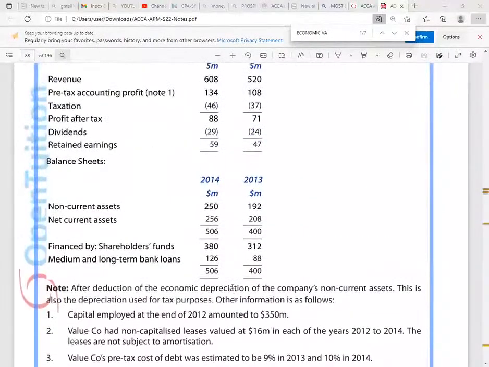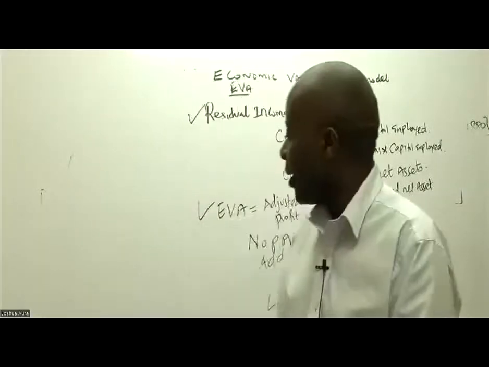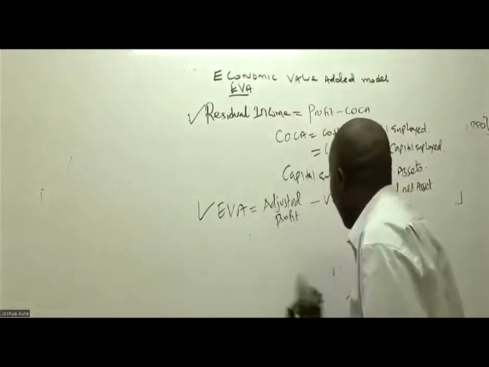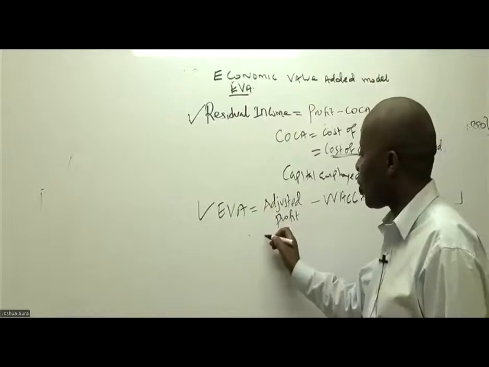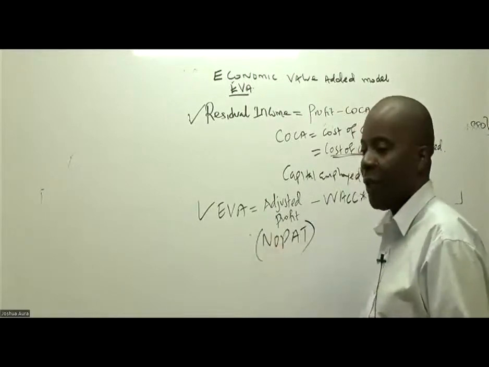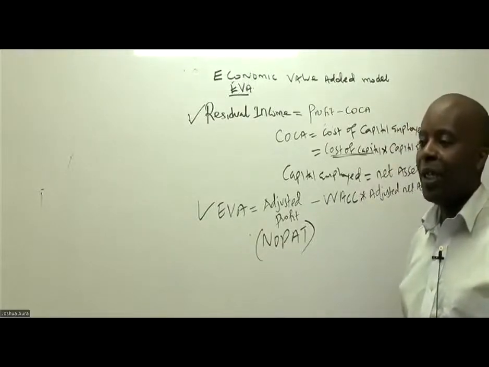As I do that, I expect you to remember that our EVA here is based on adjusted profit, and this adjusted profit is what we call the NOPAT: net operating profit after tax.